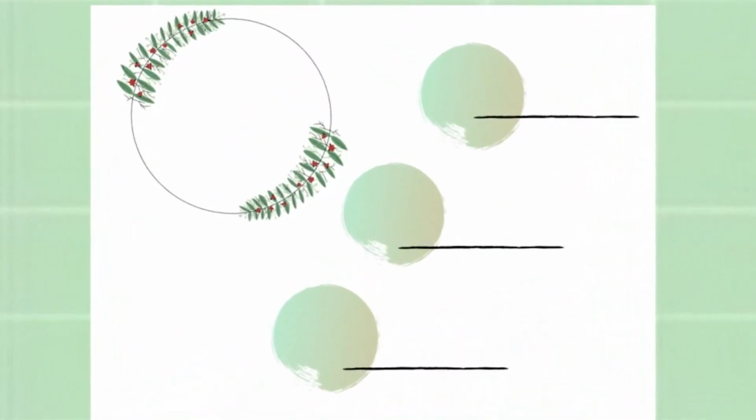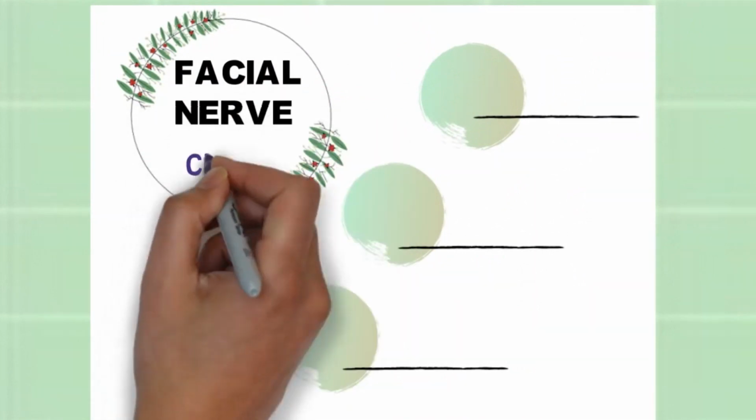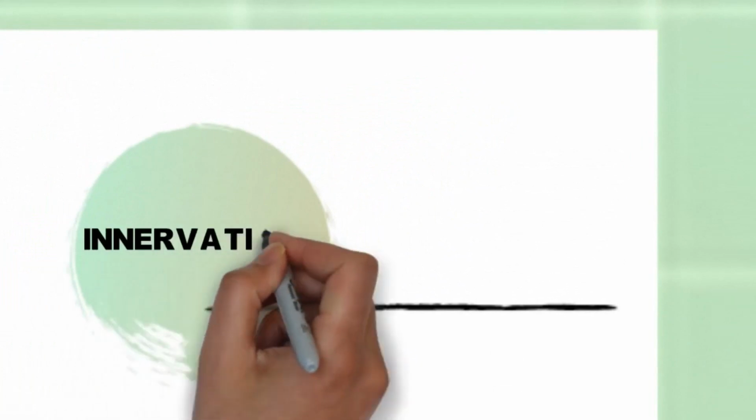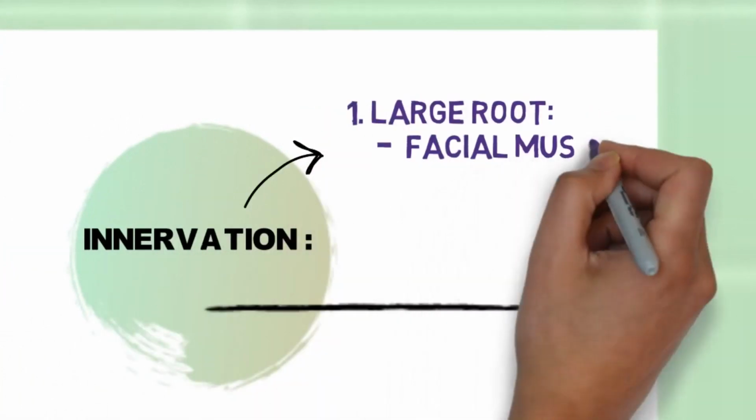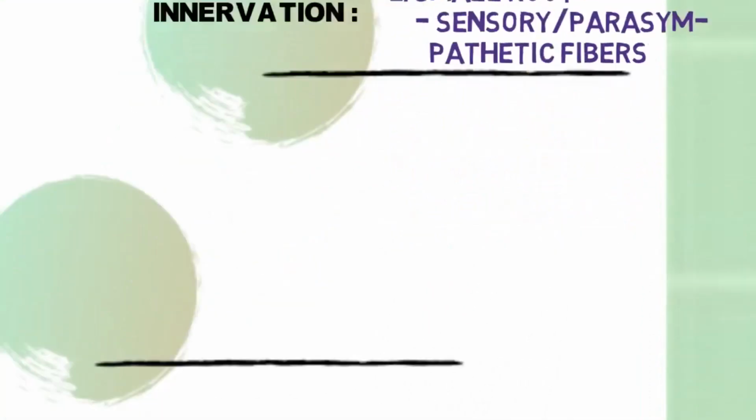Last but not least, the last cranial nerve that controls efferent pathway is facial nerve or cranial nerve number 7. Facial nerve has unique characteristics, which are two main roots, large and small roots.